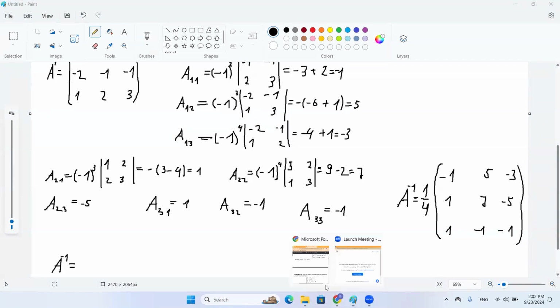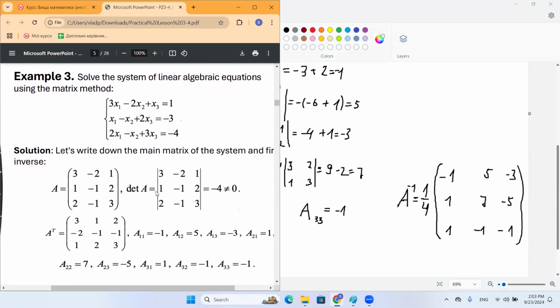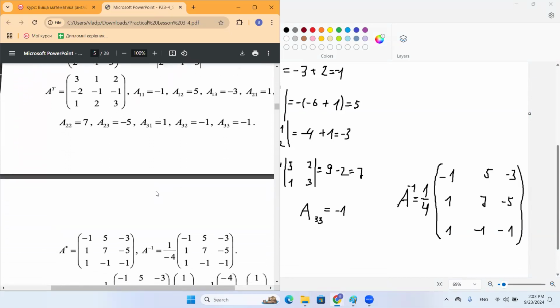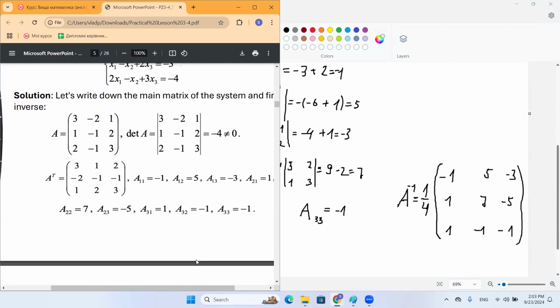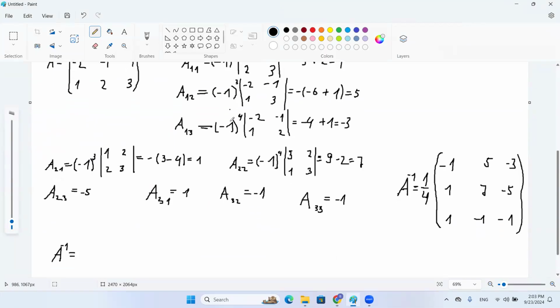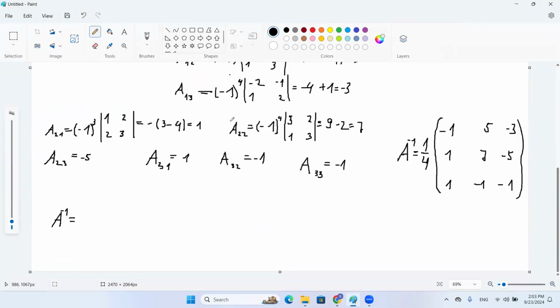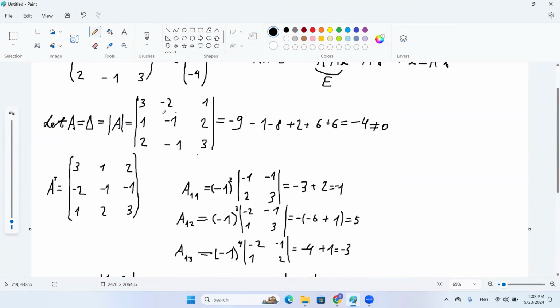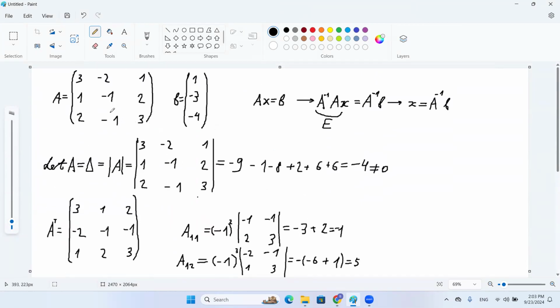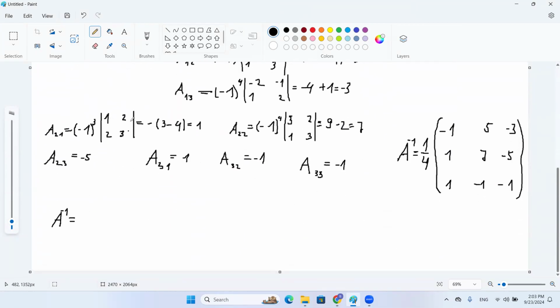Okay, now let's look at the answers: 1, 5, minus 3; 1, 7, minus 5; 1, minus 1, minus 1. So the inverse matrix is correct. We do not have so much time to multiply it by the initial matrix and get the identity matrix.